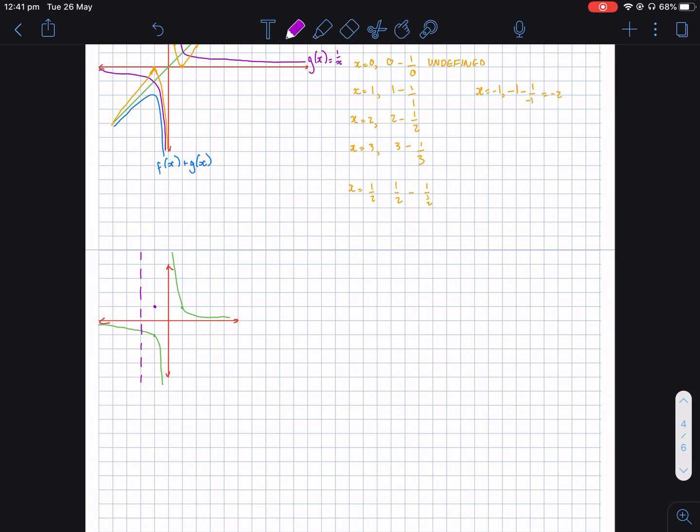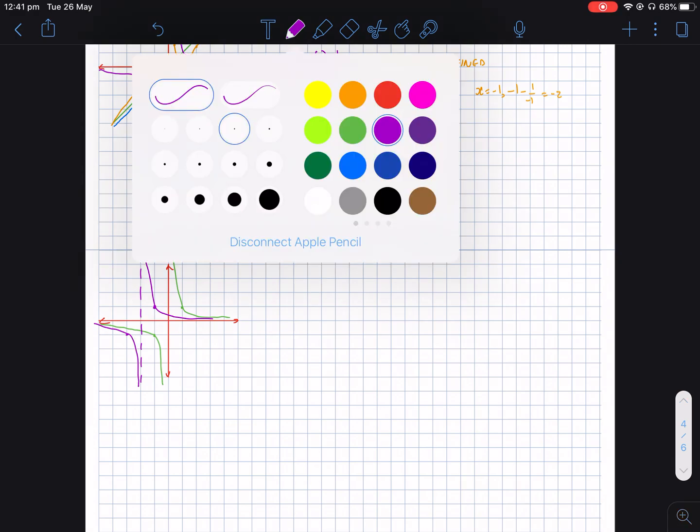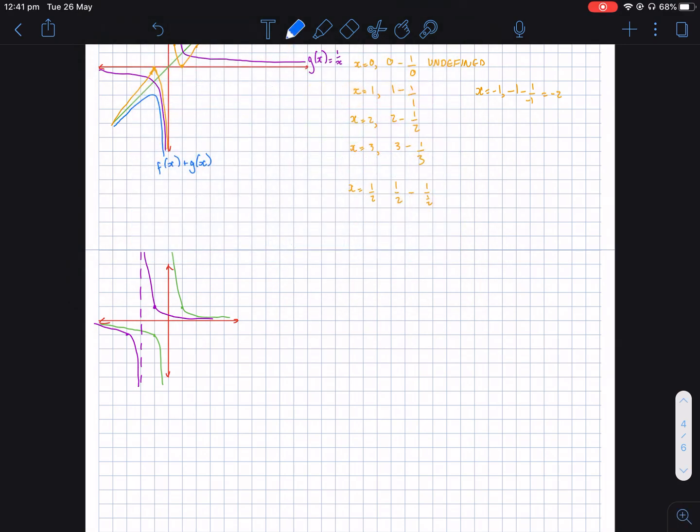So it's going to be there and there. Yeah. Okay. Now let's figure out the sum. X equals 0, 1 on 0 plus 1 on 0 plus 2, undefined. So we're not defined at x equals 0. We're also not going to be defined at x equals -2.